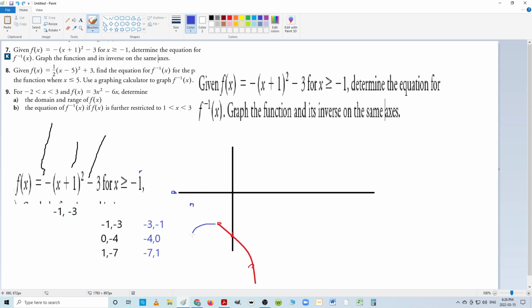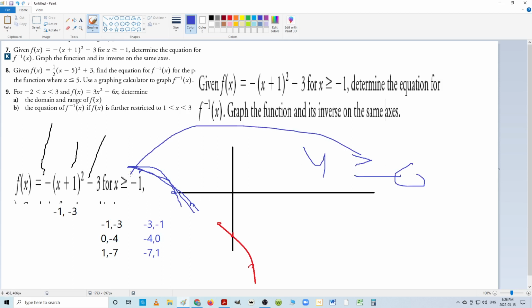You can see normally this would be downward facing, and this one would be sideways facing like that. But we're only going to be concerned with this part because the range will become the same as the domain of this. So y is bigger or equal to minus 1, so over here. And then if I look at the range of this red one, it's y is smaller or equal to 1.